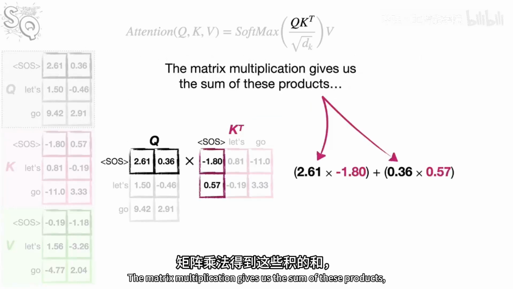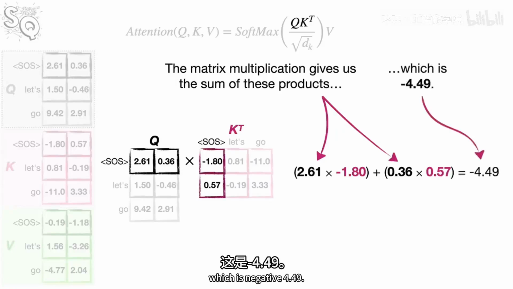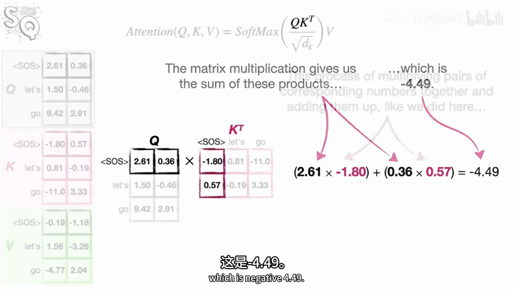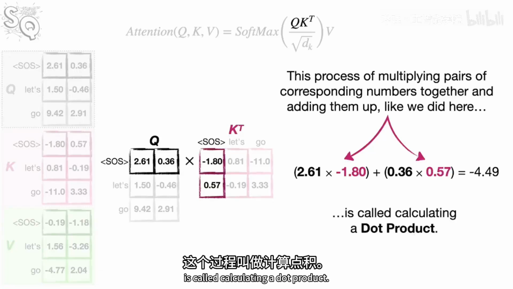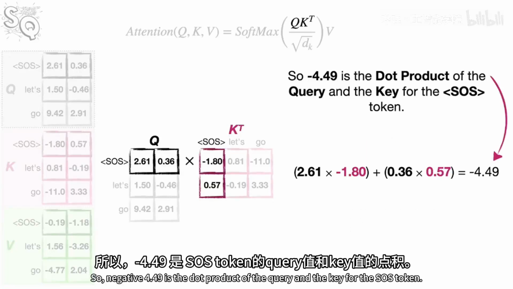The matrix multiplication gives us the sum of these products, which is negative 4.49. This process of multiplying pairs of corresponding numbers together and adding them up, like we did here, is called calculating a dot product. So, negative 4.49 is the dot product of the query and the key for the SOS token.